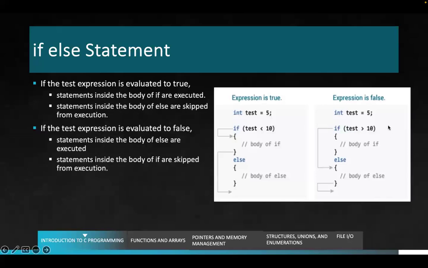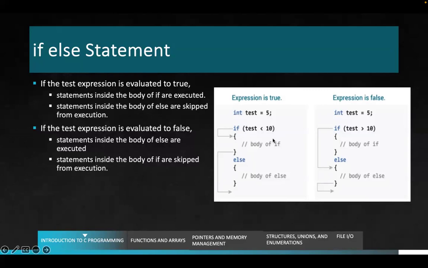The if else statement is used when you have two conditions or more than two conditions, and you want to evaluate a particular condition with an expression. As the name says, if the first condition is true, meaning the conditional expression is true, then the code will go into the body of the if condition.